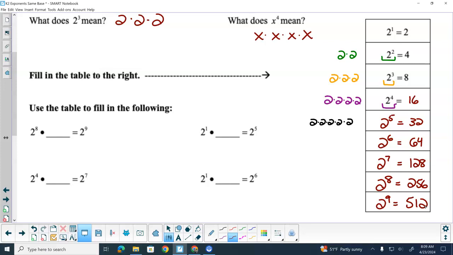So now that we've got that chart filled in, okay, now we're going to use the table to figure out all of this. Okay? So we kind of gave it away there. 2 to the 8th times what gets me 2 to the 9th? How did Gibson get 2 to the 9th is 512, from 2 to the 8th is 256.